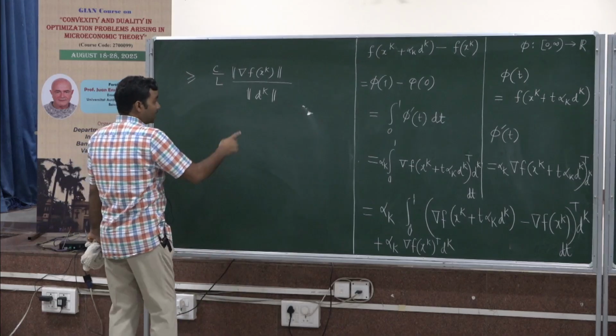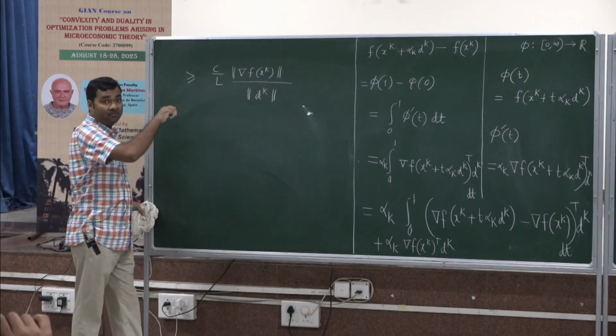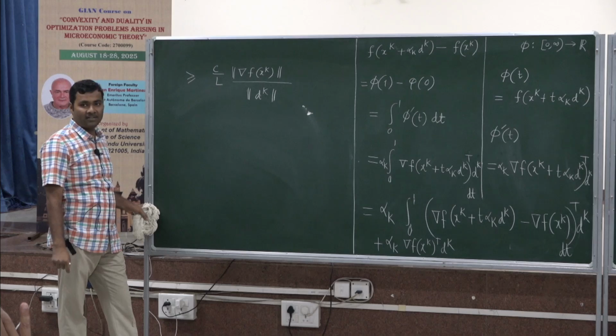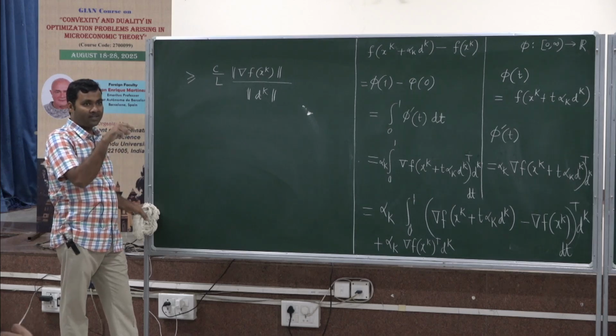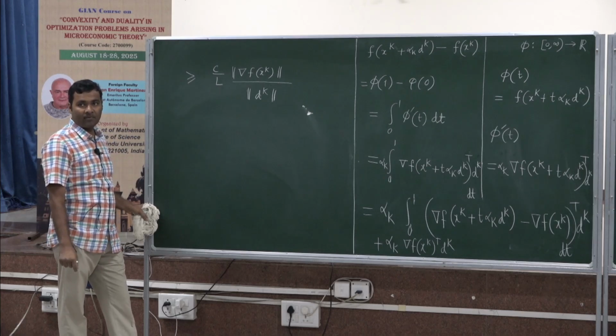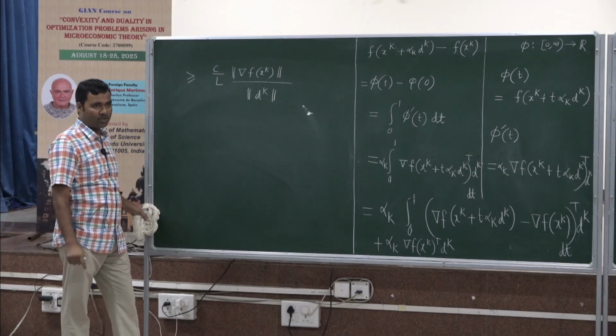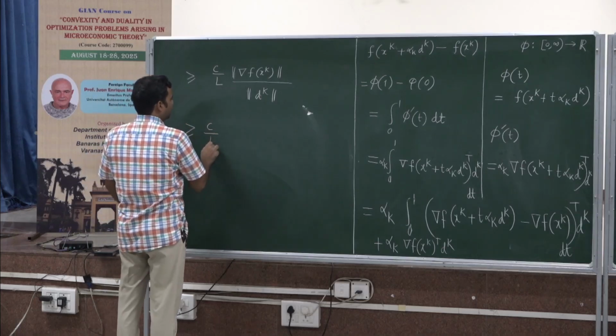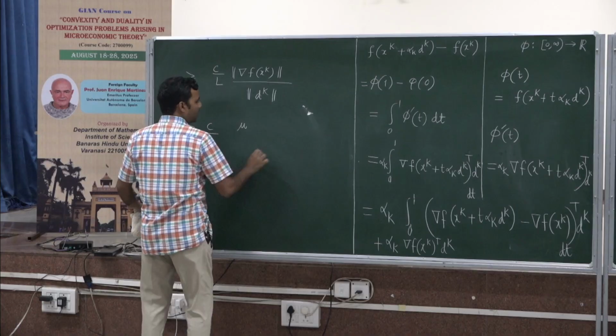And we notice that we started with assuming that limit infimum is greater than 0, then there was a p such that norm of gradient of f(xk) is greater than equal to mu after the index number p. So, this will be greater than equal to c by L mu after p.